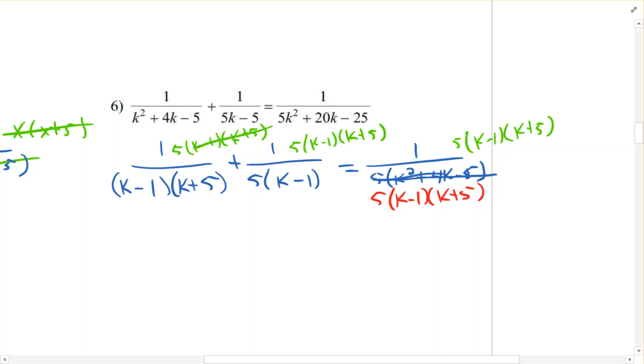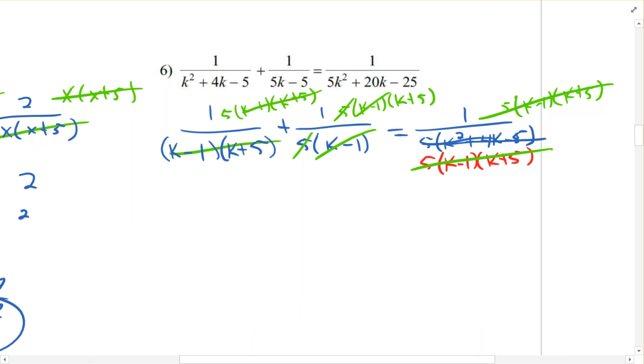So this one, we can cancel everything but the 5. This one, we can cancel the 5s and the k minus 1. And this one, I get to cancel everything. Okay, on the bottom now, we've got left 5 plus k plus 5 is equal to 1.